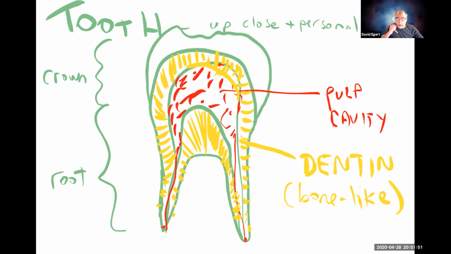Dentin is very bone-like. Instead of having osteons, those Haversian systems, it has little structures called dentinal tubules.